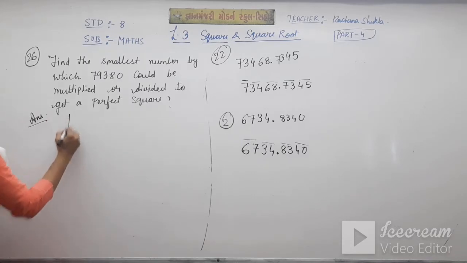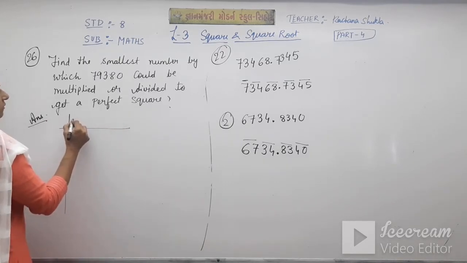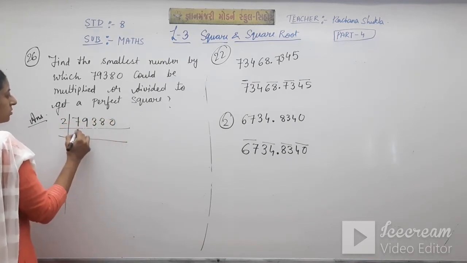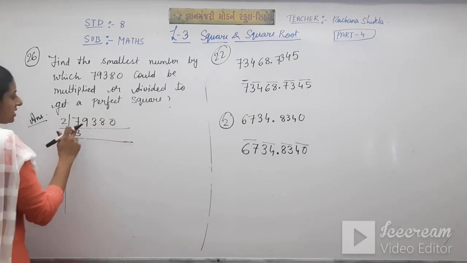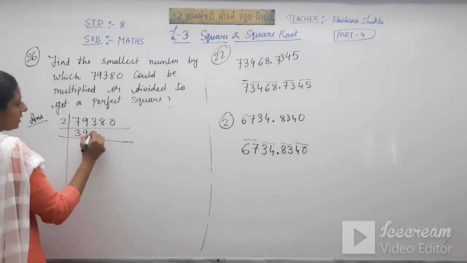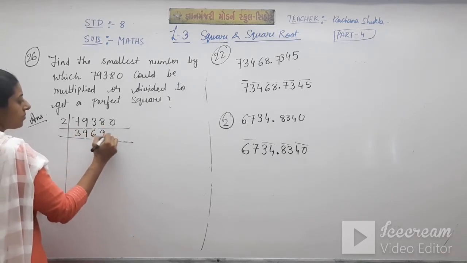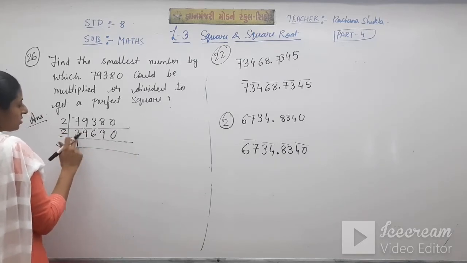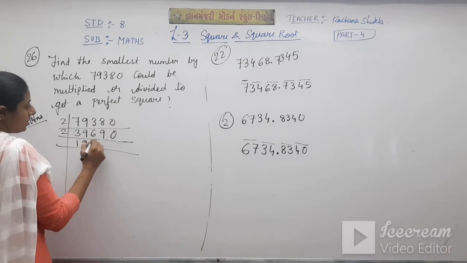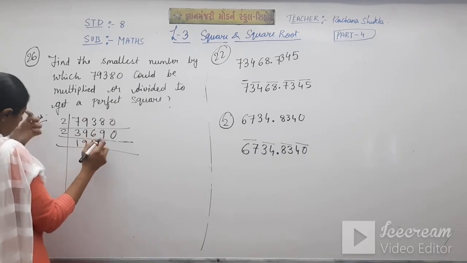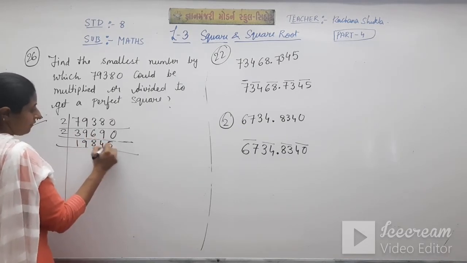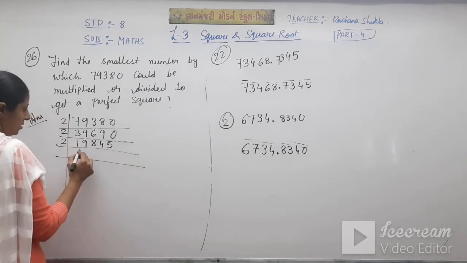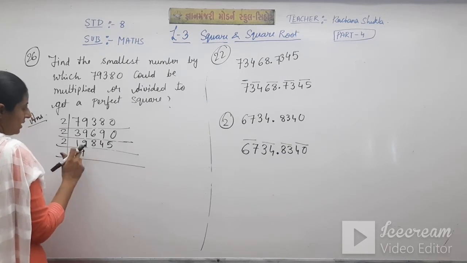So you will do nothing but find the factors of 79380, starting with 2. 2 39,690s are 79380, 2 19,845s are 39,690.